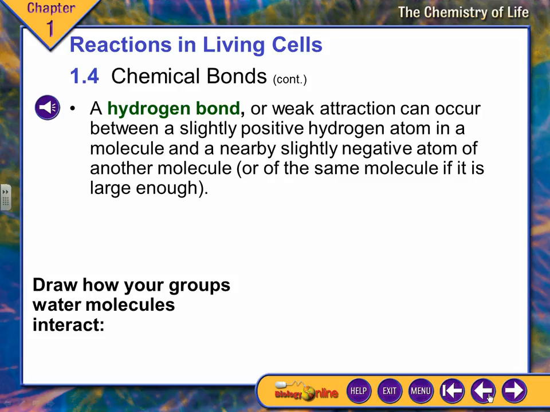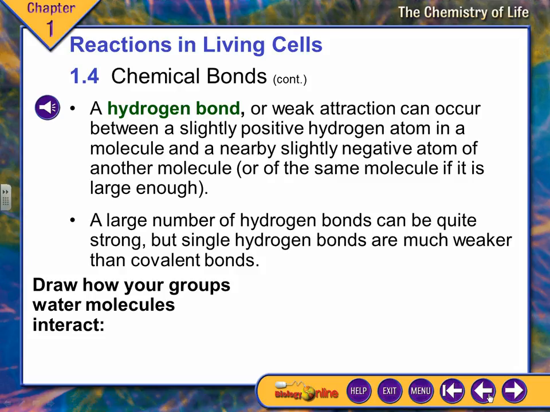With the magnetic models, you can see that the oxygen side lines up with the hydrogen side. That attraction, that pull is called a hydrogen bond. So that's what a hydrogen bond is. The attraction between a positive hydrogen.